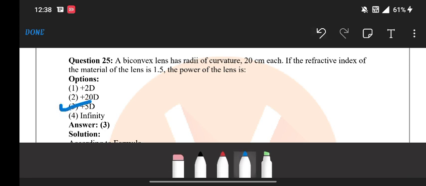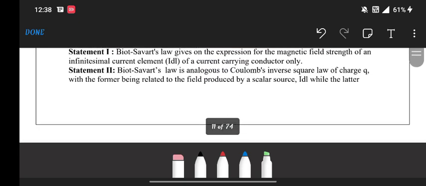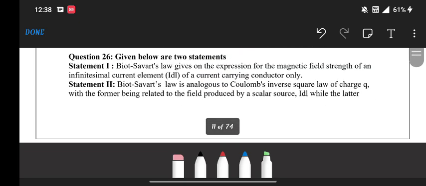Okay, moving on to our next question, that is question number 26. Here they have given two statements. The first statement says that the Biot-Savart law gives an expression for the magnetic field strength of an infinitesimal current element of a current carrying conductor only.